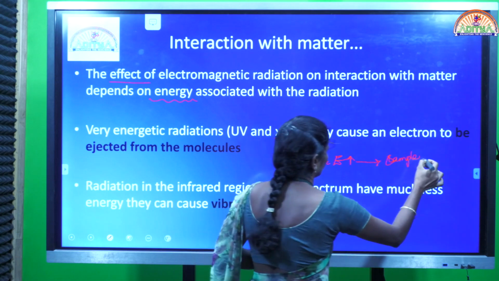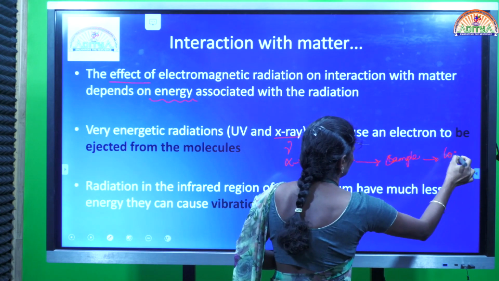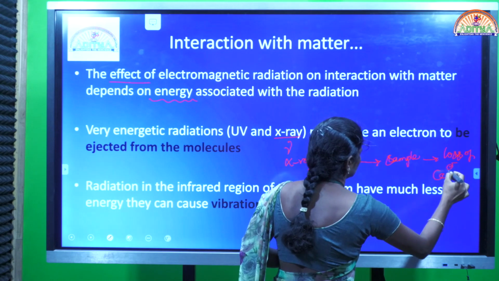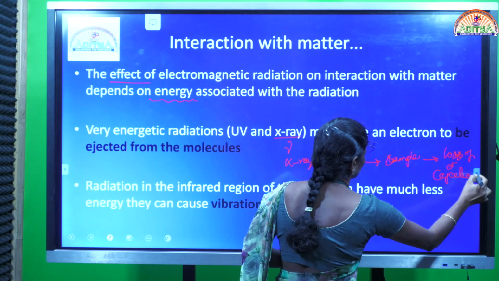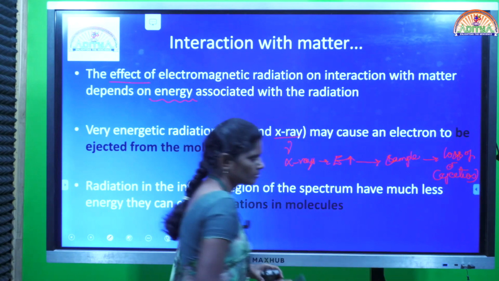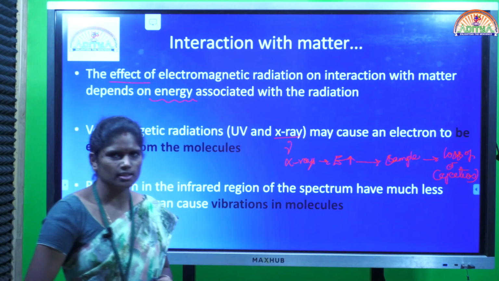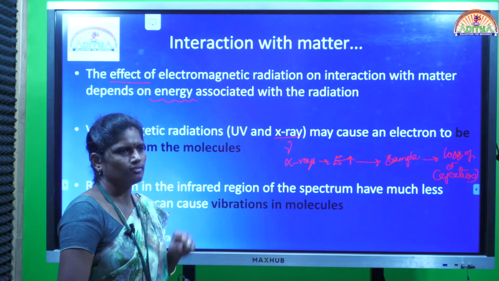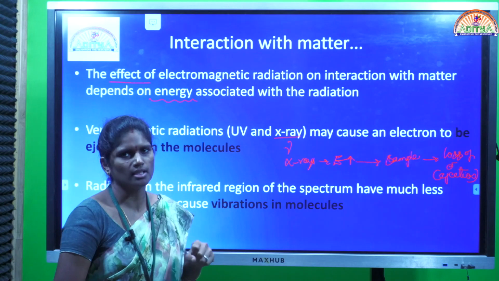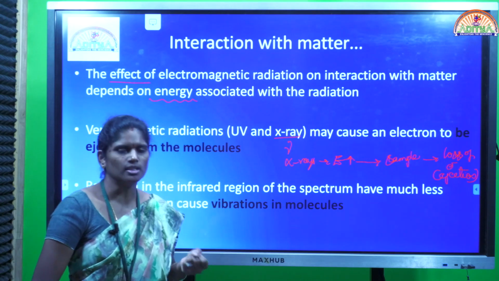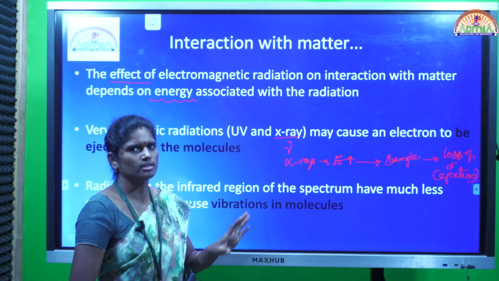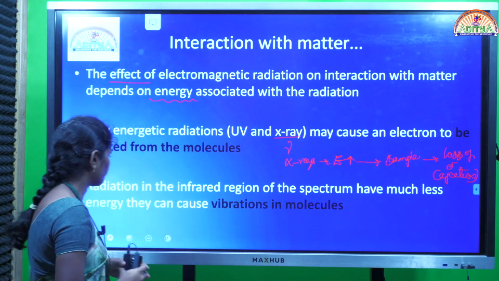they show an effect which will be a loss of electron, or we can say ejection of electron from the sample molecules. Because of the high energy of these X-rays, when they interact with the sample molecules of the matter, the high energetic radiation may result in the ejection of an electron from the sample molecule.